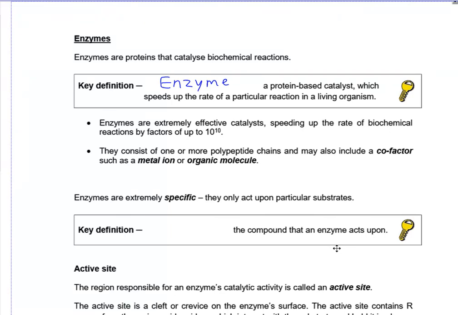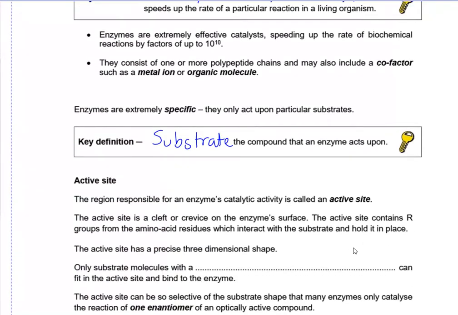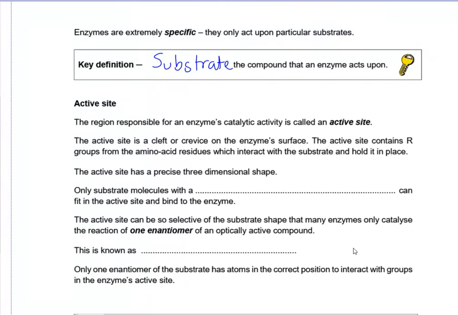One characteristic of enzymes is that they are extremely specific. That means that they only act upon certain substrates, and a substrate is a compound that the enzyme acts upon. Part of the enzyme that's responsible for its catalytic activity is called the active site.